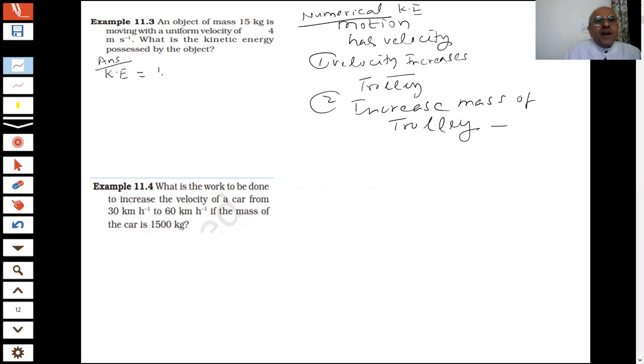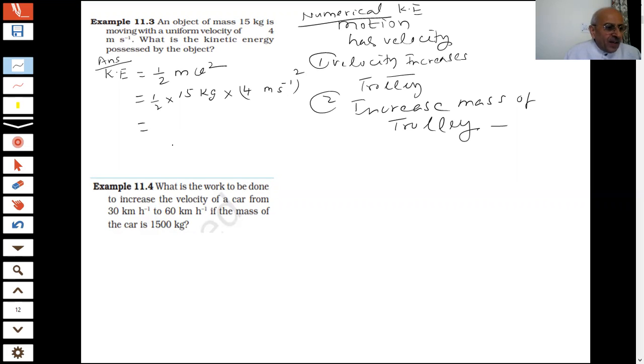Kinetic energy is half m v squared. What is the mass, student? We have to be careful with units. 15 kg. Velocity is how much? 4 meters per second, squared.